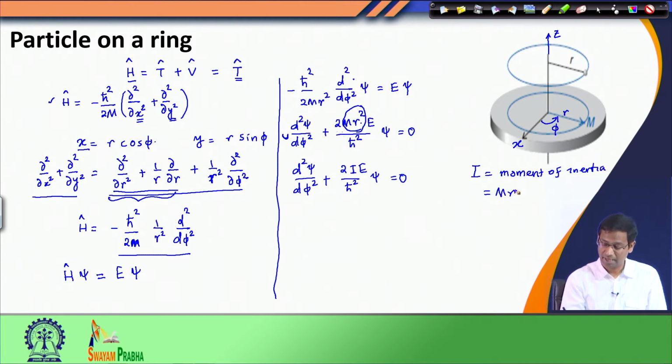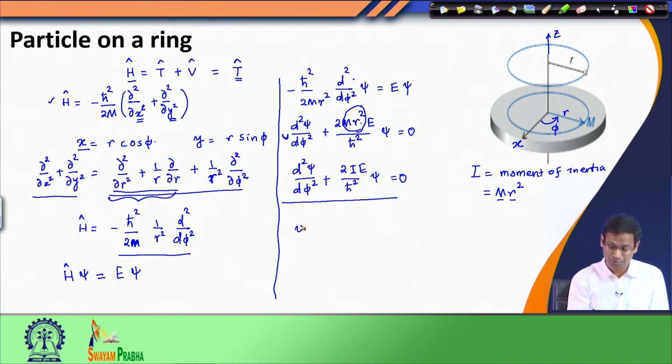is defined as m r square, where m is the mass of this particle going around a circle of radius r. So, now I have this second order homogeneous differential equation, which something similar we also saw in the particle in a one dimensional problem.